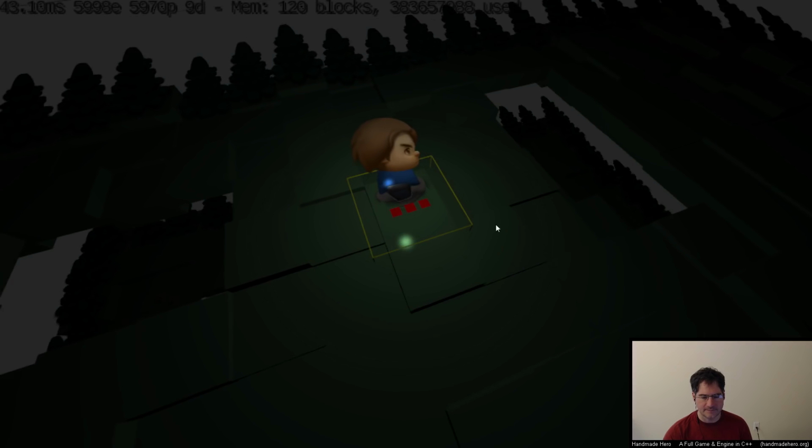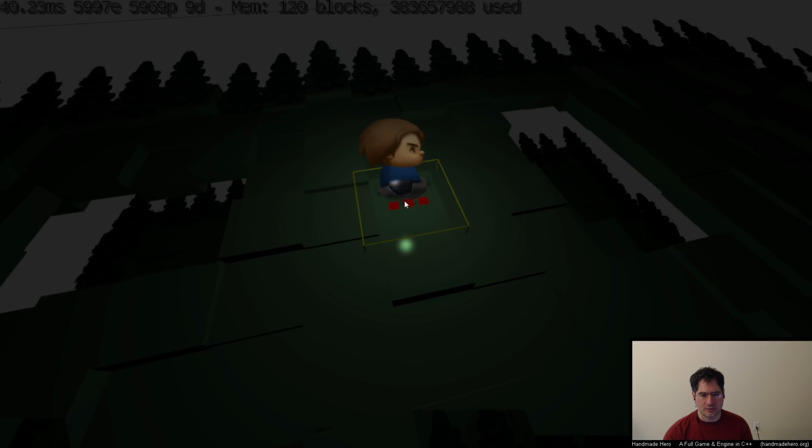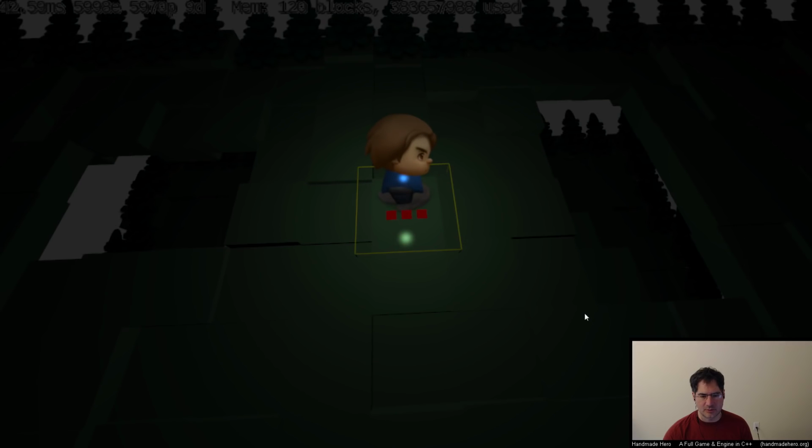So that's one thing. Another thing is that we don't really have any idea at the moment how we would do more lights, right? We just hard-coded a simple Phong reflection model into our shader. We don't have any idea how we would do something more like 10 lights, 20 lights, 30 lights.